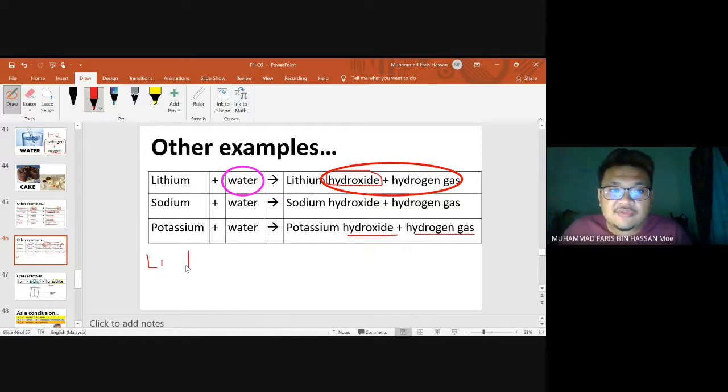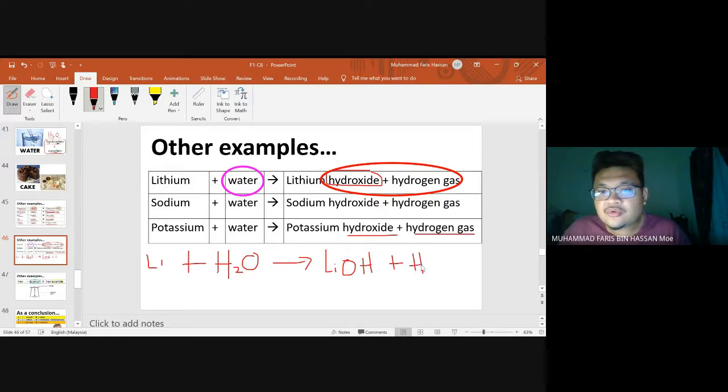It reacts with water, and the chemical formula of water is H2O. Then it will form lithium hydroxide, which is LiOH, plus H2. Why H2? Because hydrogen gas is always in the form of a molecule, so it will form in the air as H2.